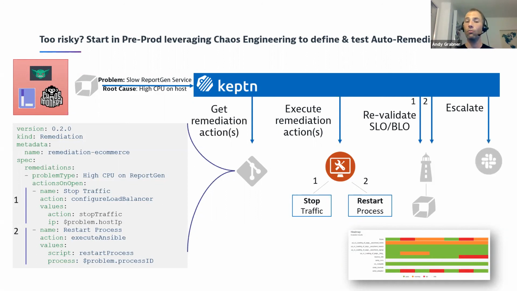This is really test-driven operations, so that when you deploy a new version into production, and also this configuration, you know you have at least tested it already. I think that's important, so keep this in mind. So Keptn also supports remediation workflows.